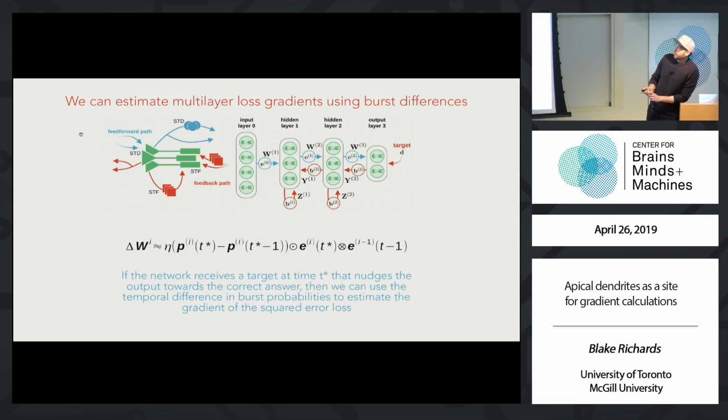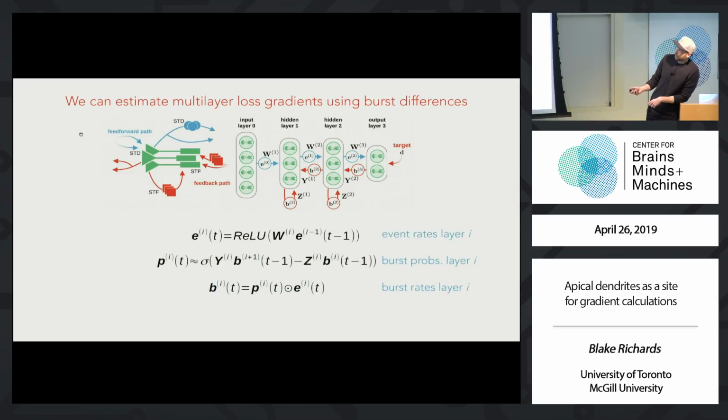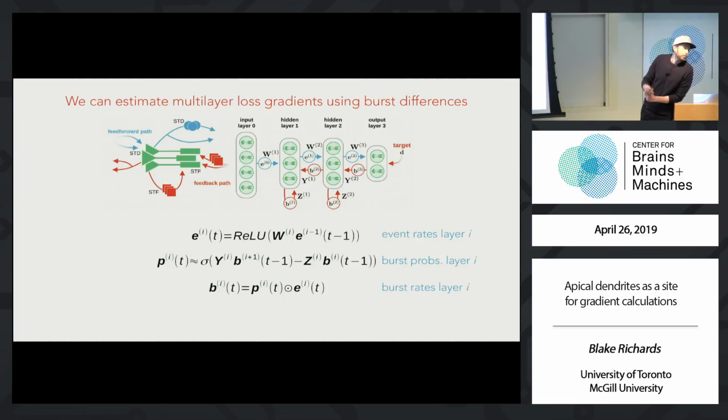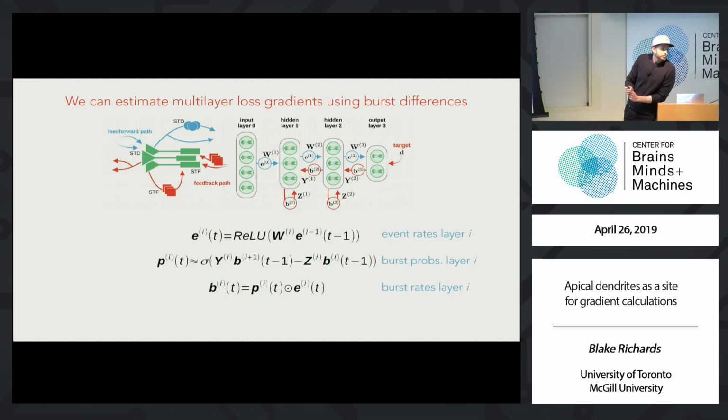Well, in each layer, the apical compartments are receiving information about the burst rate in the layer above. And the perisomatic compartments are receiving information about the event rate in the layer below. So that's the information that gets propagated through the network.